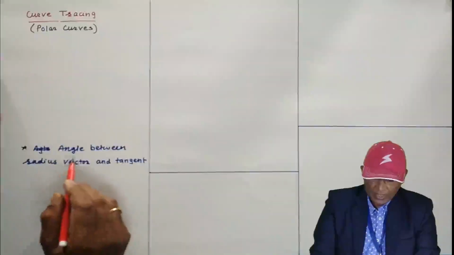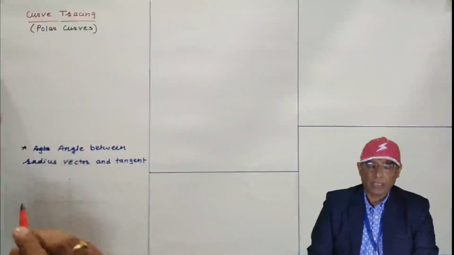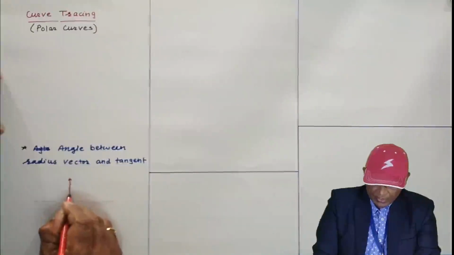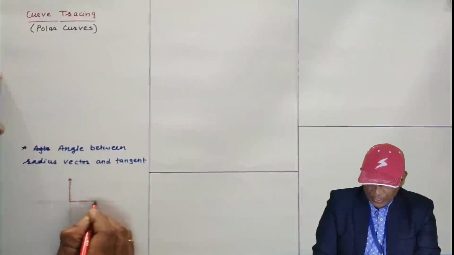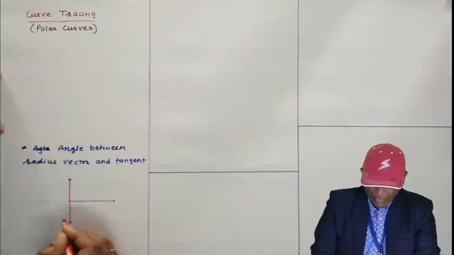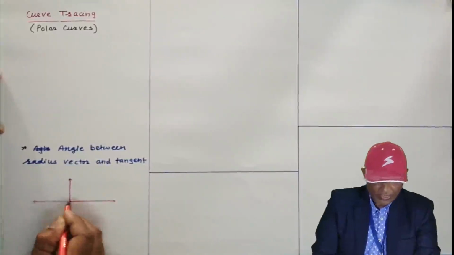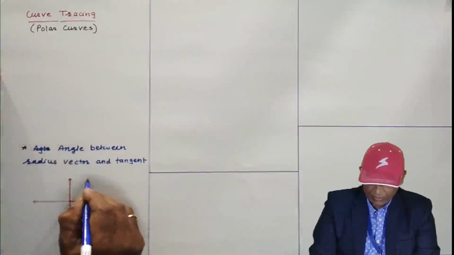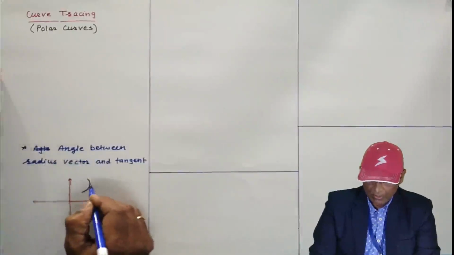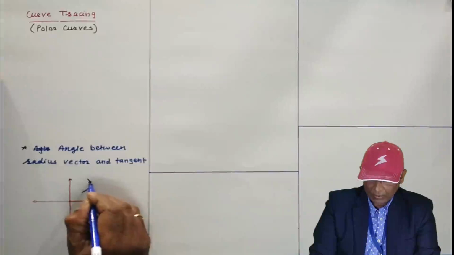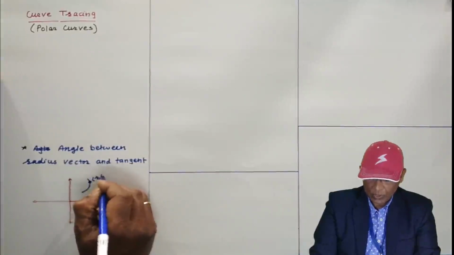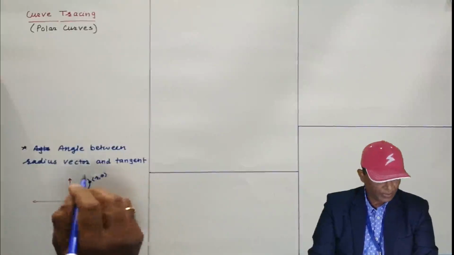Now, the angle between the radius vector and the tangent to the curve. See, this is the curve, and this point is any point of the curve with coordinates r, theta.